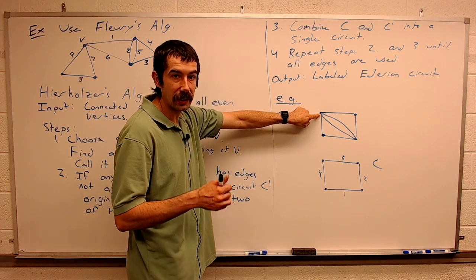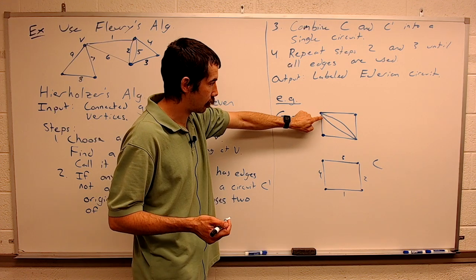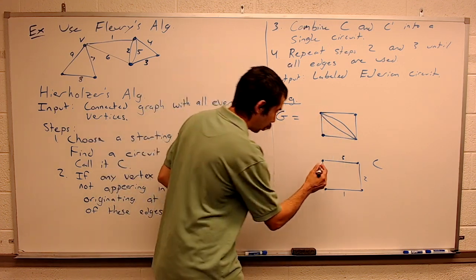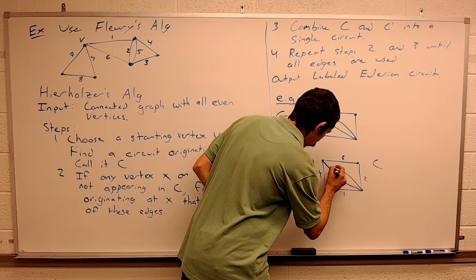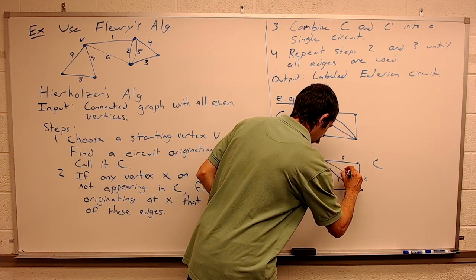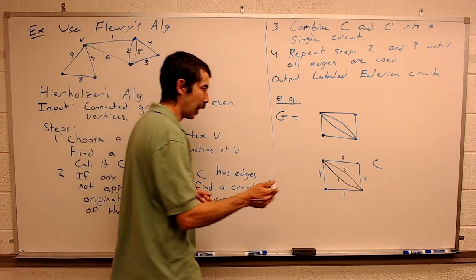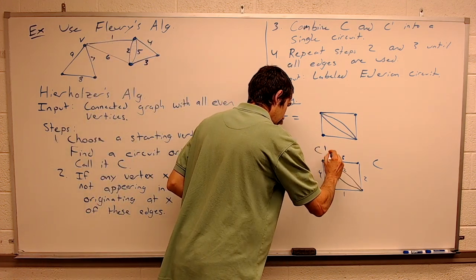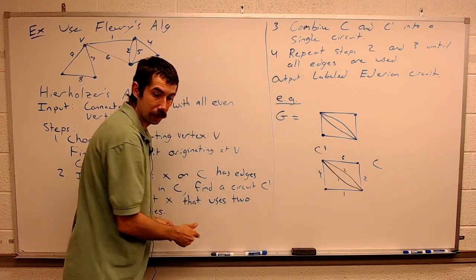We need to find a circuit out of x that doesn't use the edges from C. And so that'd be down and back. I'll draw that in black. Okay, so black is C prime.